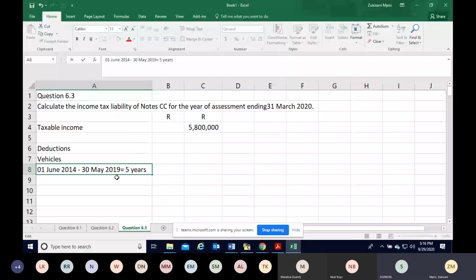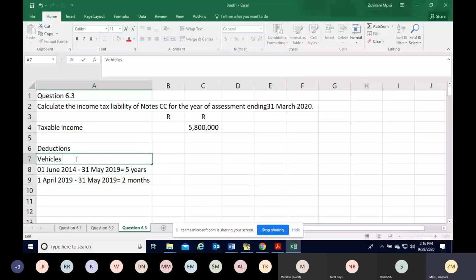So in the current year that we are in, we are only going to claim for 1 April 2019 to 31 May 2019, which is equal to 2 months. This is the only period that we can claim.